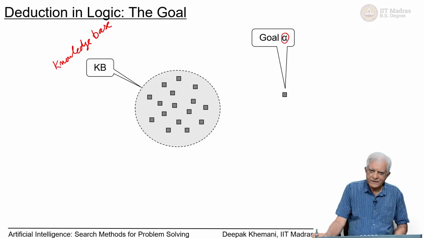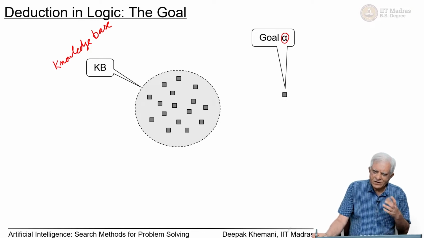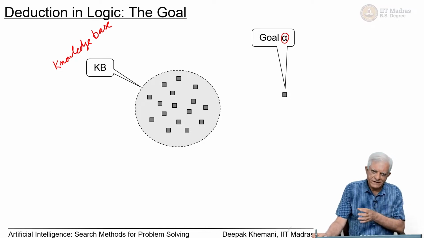true or not. So, in logic there are two notions. One is the notion of truth, which is a semantic notion, and one is the notion of provability, which is a syntactic notion, which means a proof, for example, is a syntactic notion that if x and y are true, then z can be true. We do not use the word true.